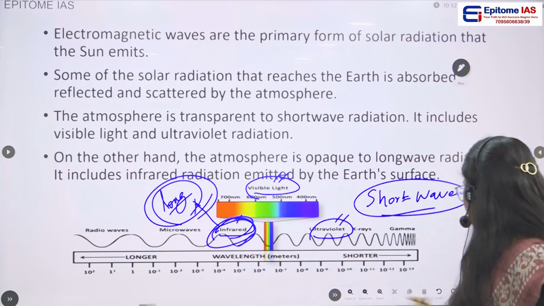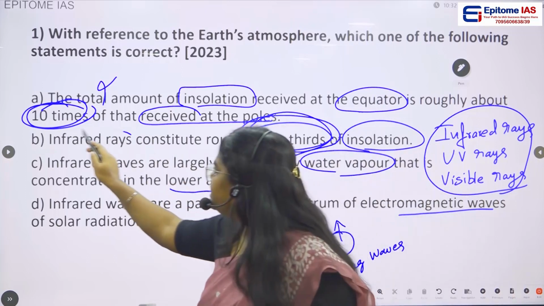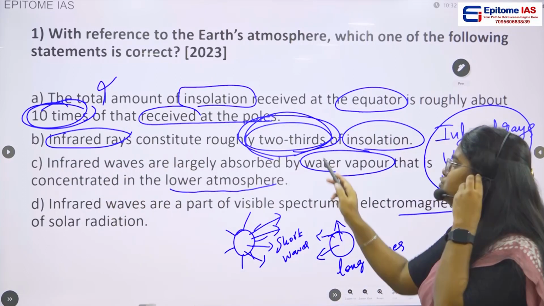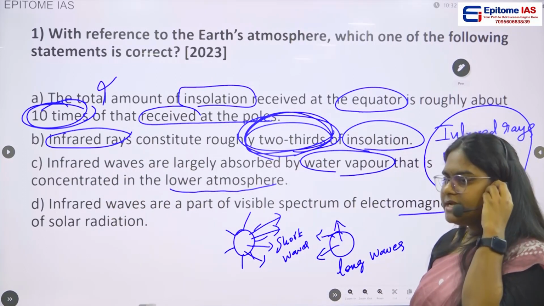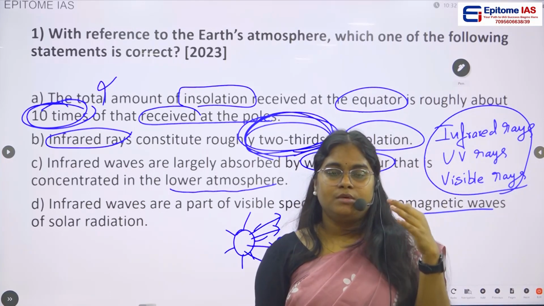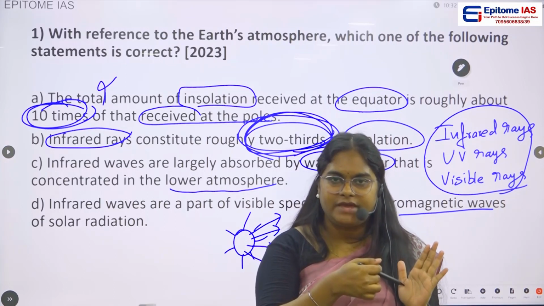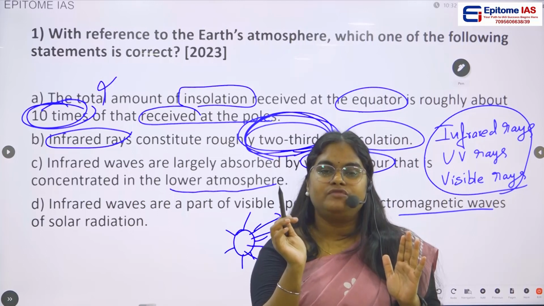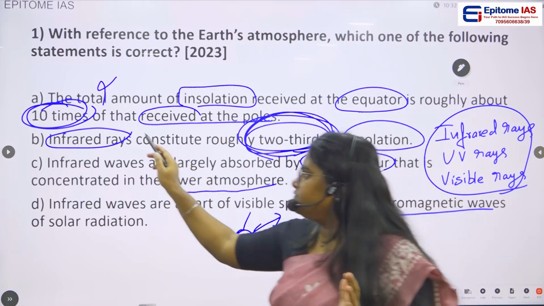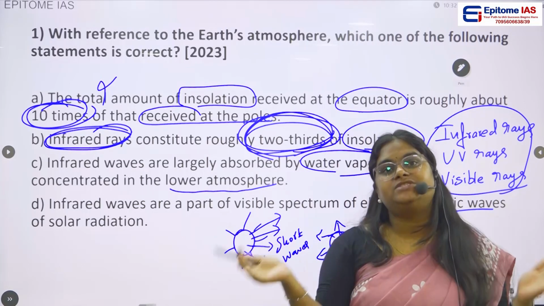Now let us go back to this question. Statement B says that infrared rays constitute roughly two-thirds of the insolation. Technically, the insolation, the incoming solar radiation, contains more short waves, that is the visible waves and the UV rays. It also contains infrared rays, but the infrared rays are not major constituents.